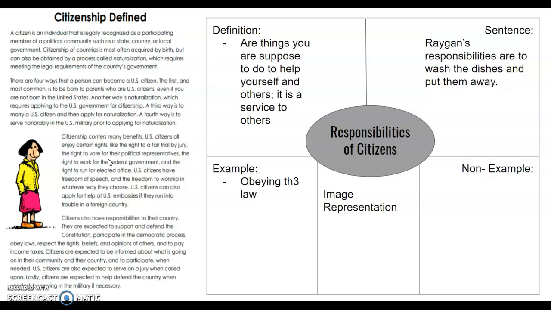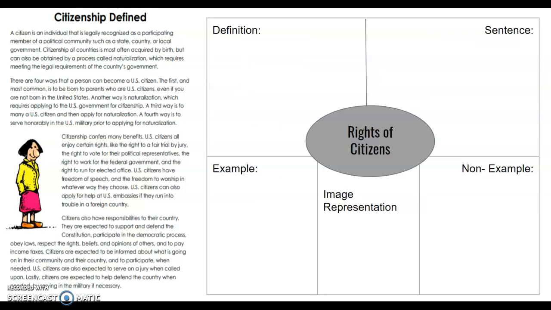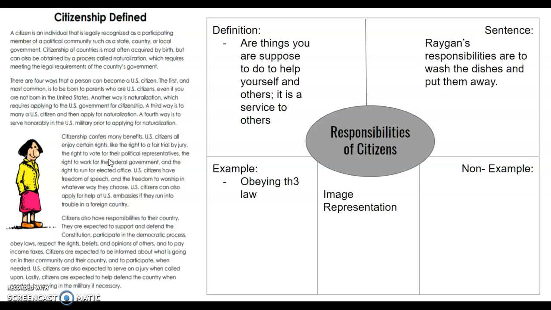So we started out with responsibilities, and we wrote that responsibilities are things you are supposed to do to help yourself and others. It is a service to others.